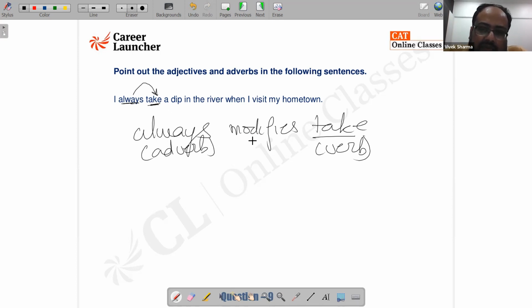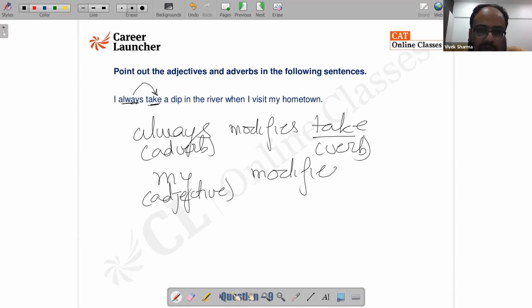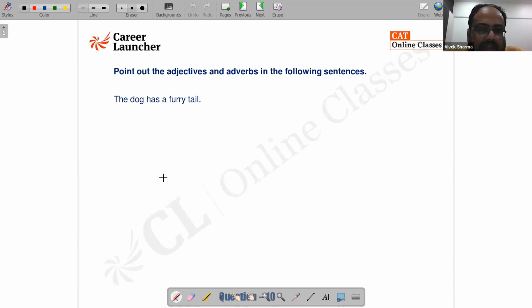So always is an adverb that modifies the verb take. The other single word modifier, an adjective, is my, that modifies hometown. So two single word modifiers: always is an adverb that modifies take, and my is an adjective that modifies hometown.